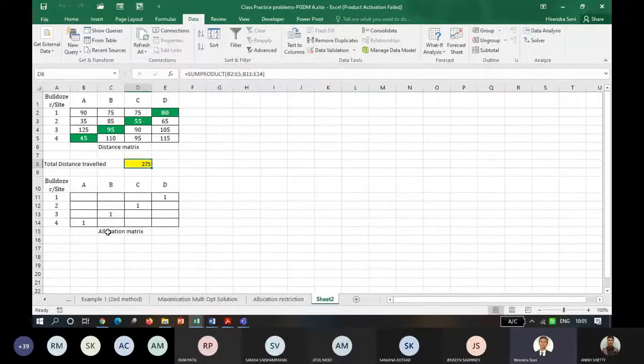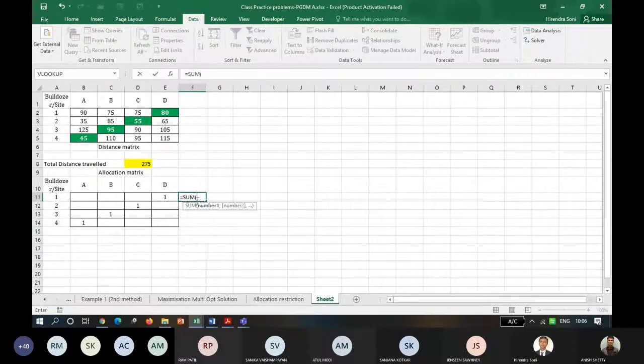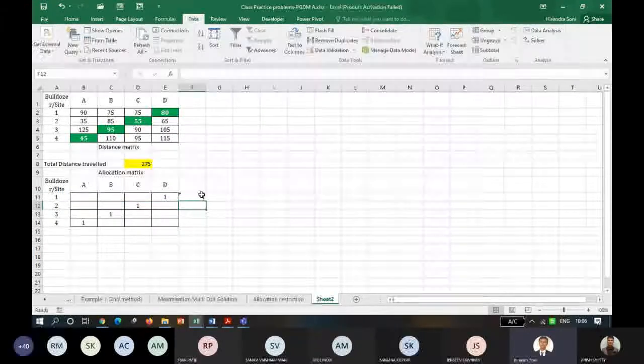Okay? अभी allocation matrix ये word को मैं उठा करके इधर पर रख देता हूँ so that I can put the constraints here. Now, when we are looking at an assignment problem, you will have only just one allocation in a row or a column. So that means बाकी का सब कुछ zero रहेगा, और यहाँ पर का अगर मैं sum लूंगा for all these cells, it should come as equal to 1.